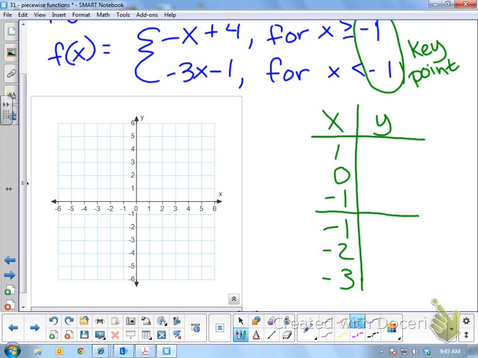Greater. So this one would go with function 1. Those 3 points are going to be plugged into function 1 because function 1 had the greater than symbol on the where to graph. So then, where would we plug these points? Function 2.